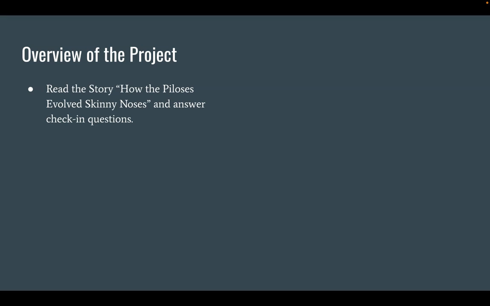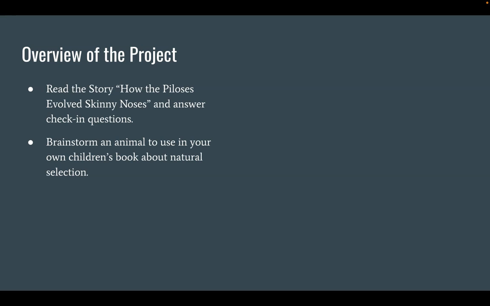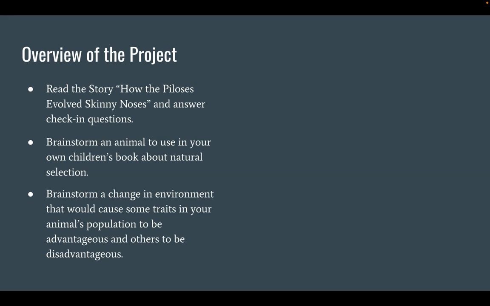Here's the overview of the project. First, you'll read or watch the story How Peloses Evolved Skinny Noses and answer a few check-in questions. Then you'll brainstorm your own animal to write your book about. And then think about how the environment will change and how that will affect the traits of your animal's population.